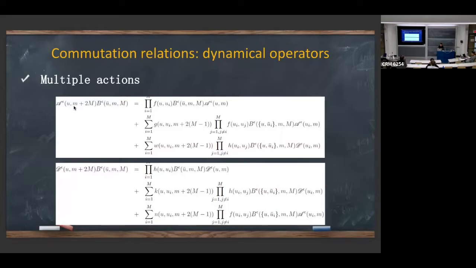So if you put M plus 2M here, what is nice is that on the right-hand side, we only have A, okay? And similarly for B. And the idea is that when we apply this string of B operators to some reference state, we get the vector back on this side.